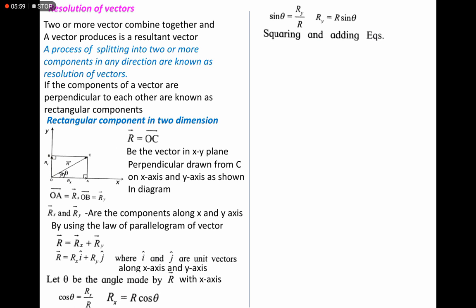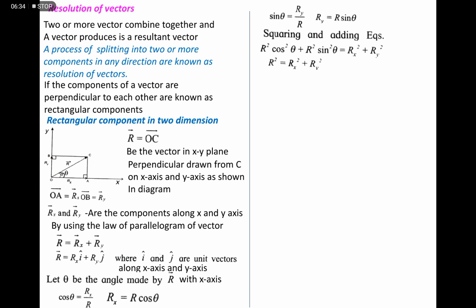Squaring and adding these two equations, we'll get on the right hand side R square cos square theta plus R square sin square theta, which is equal to Rx square plus Ry square on the left. R square is common, and in brackets cos square theta plus sin square theta.